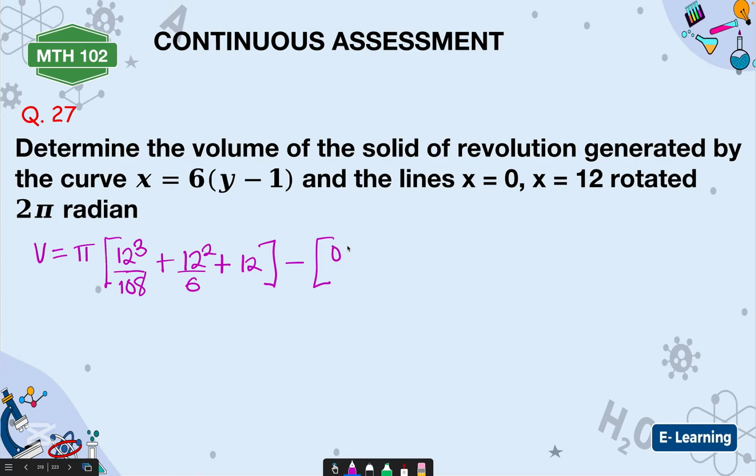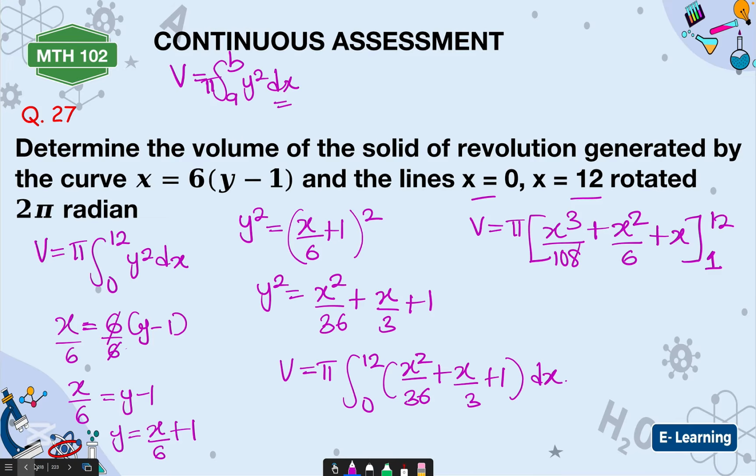So here will give you 0 to the power of 3 divided by 108 plus 0 square divided by 6 plus 0. Of course, everything there will give us what? 0, my dear student. Is that okay?